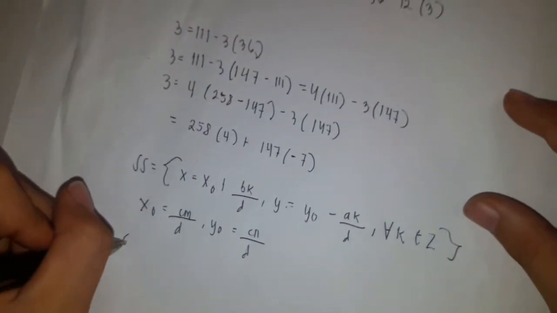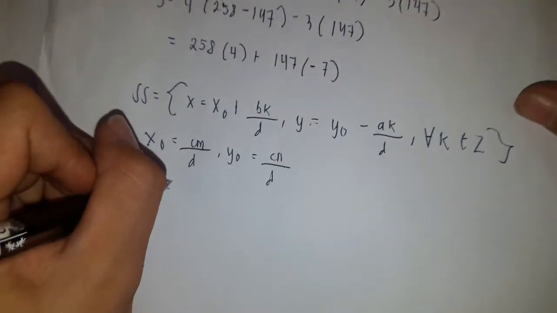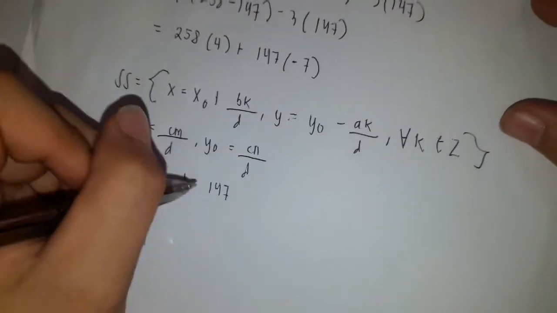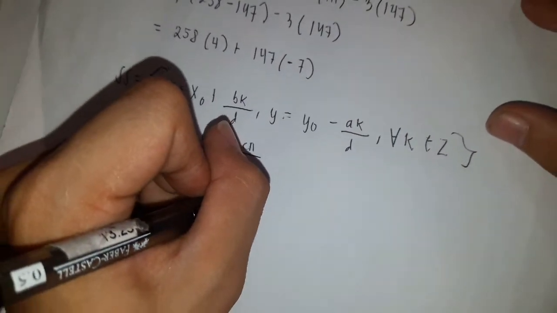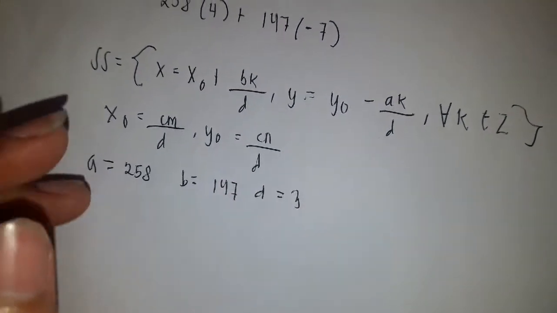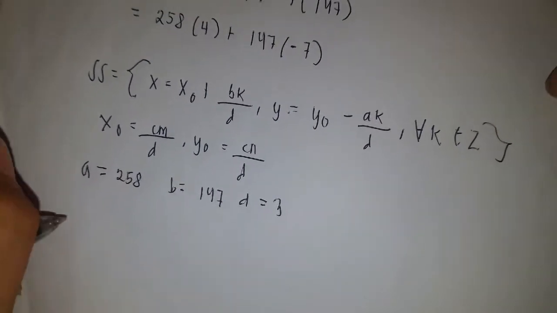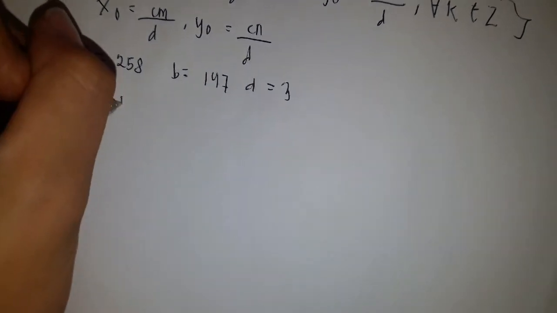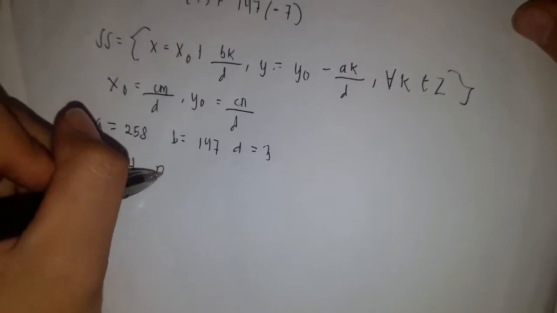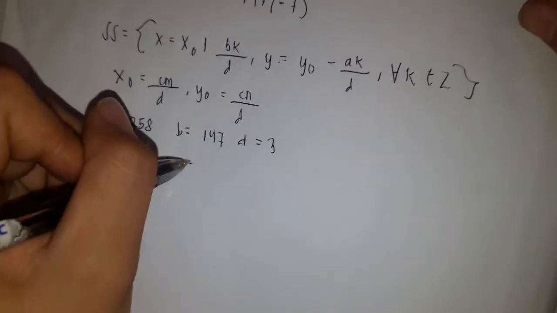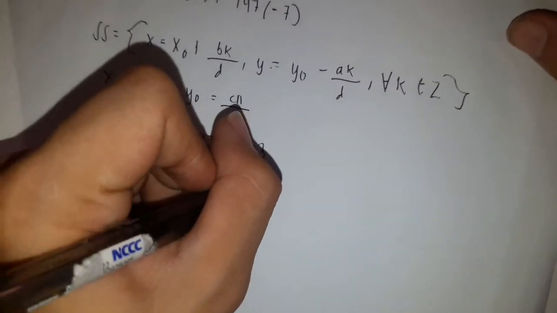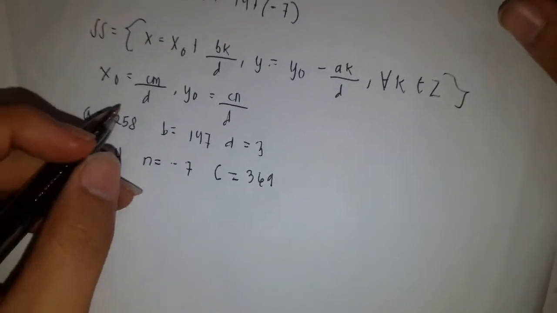So our a is 258, our b is 147, our d is 3, which is our GCD, or greatest common divisor or factor, and our m is 4, which is our x, and n is our y, which is -7, and our c is 369, coming from our LDE.